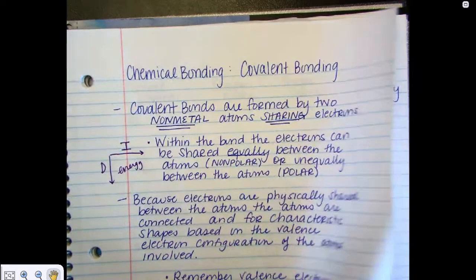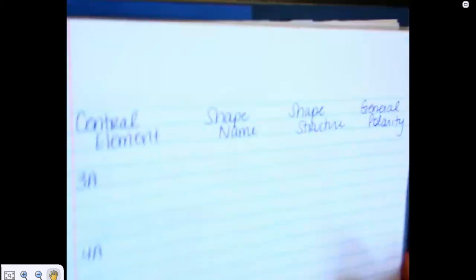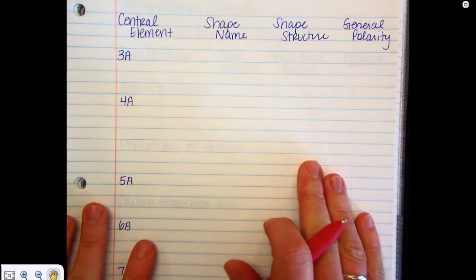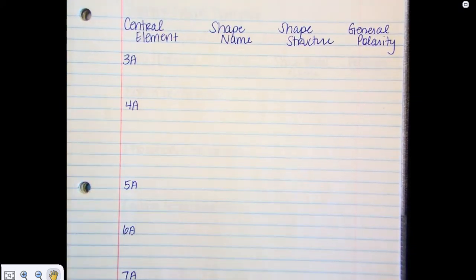All right, so we're going to talk about how those electron dot diagrams now relate to the shapes that we're going to see. So we're going to go through examples of looking at each column, what the central element would be, and what the shape would represent.